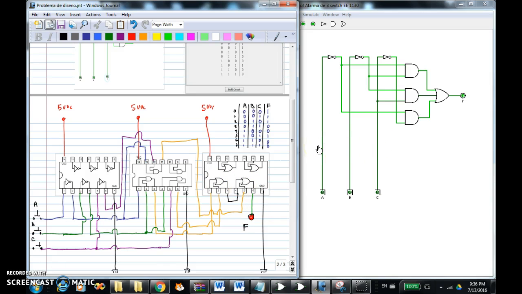Alright? Now we continue to the second AND right here. The second AND needs B inverting, also with C. Here we go. We see the second AND right here, and we see that it needs B inverting, right? We follow the green lines. Alright, this is B inverting because the input is right here, B. Right?